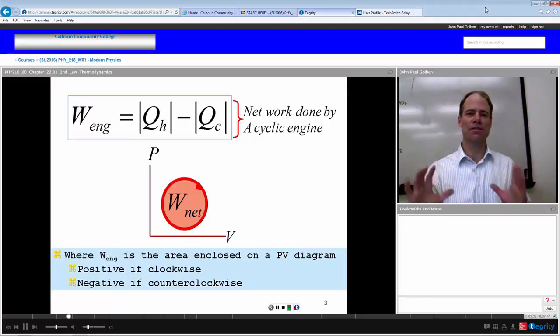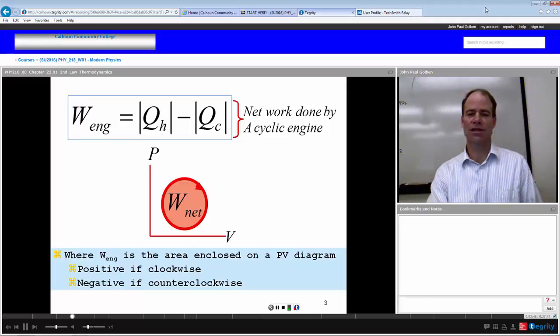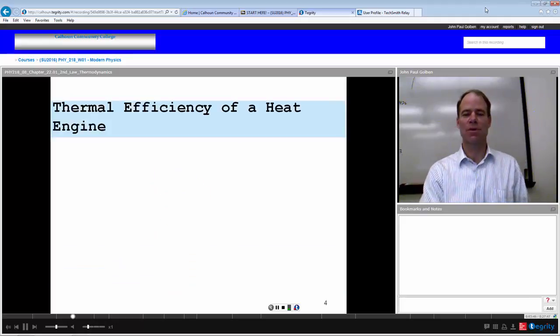So just the opposite of what we were doing as far as work done on the system. This engine is trying to do work outside of the system. It's trying to do work on other things. So it's still the area enclosed, but positive if it's clockwise.